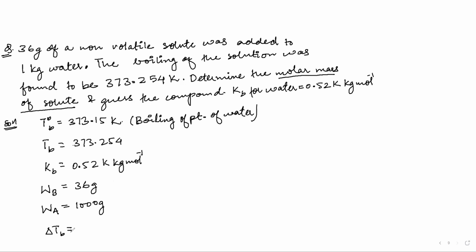Now, if you have found delta TB, raise your hand. Delta TB is nothing but TB minus T naught B. Sanya is remaining. Sanya, please calculate it. Just post in the chat how much you found for delta TB. Ahmed has already given the answer.